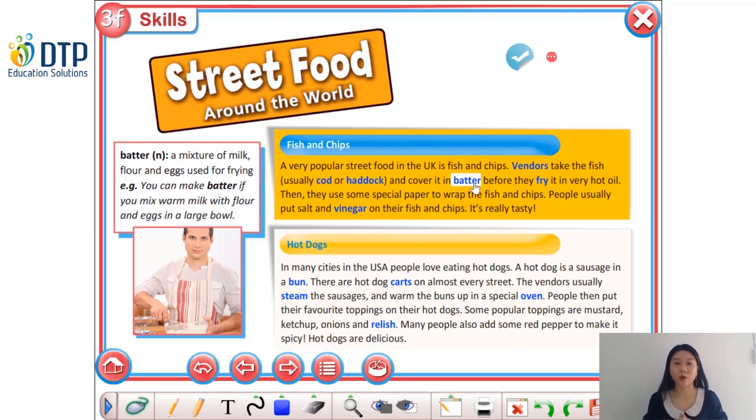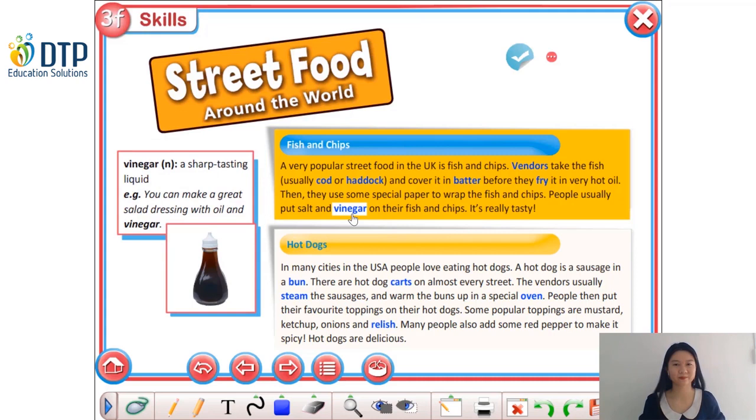Batter tức là một hỗn hợp bao gồm sữa, bột mì, trứng và nó được dùng cho các món chiên. Alright, now we have the word vinegar. Vinegar tức là nước chấm. Okay, let's move on.